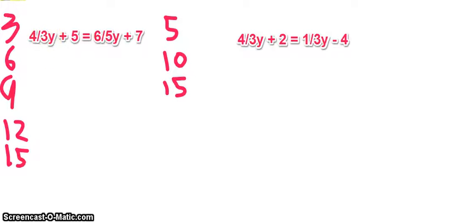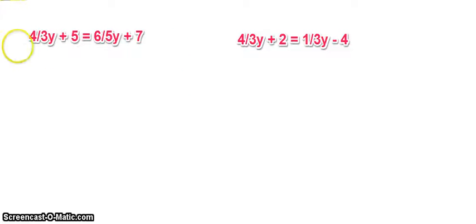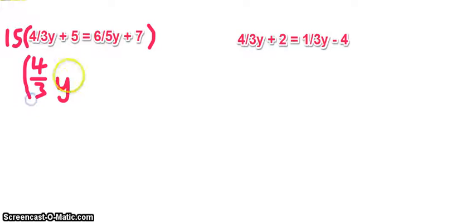So if you were to multiply through this equation by 15, you would get 4 over 3 y times 15.